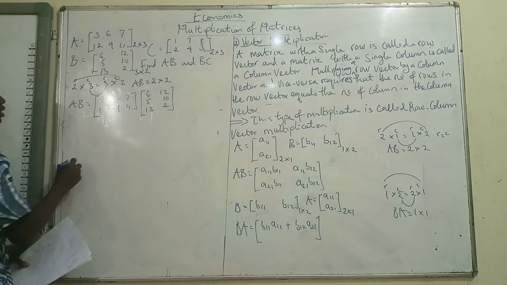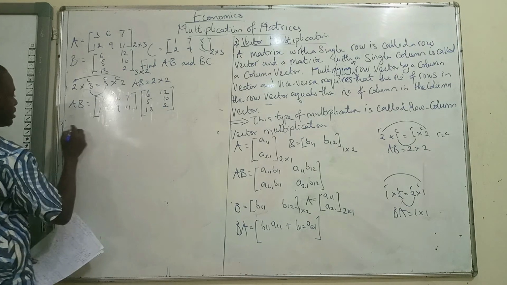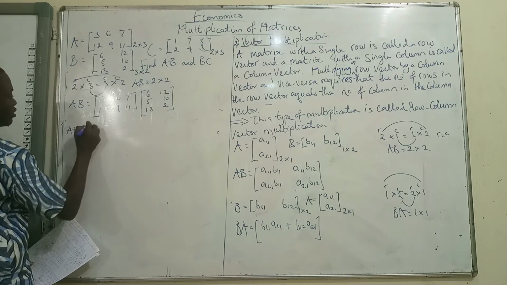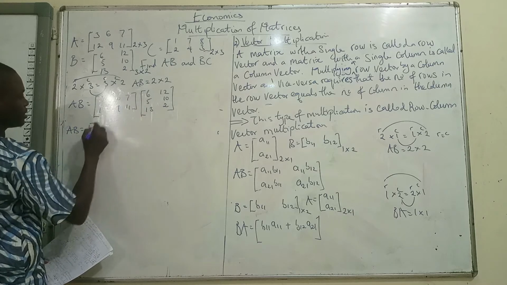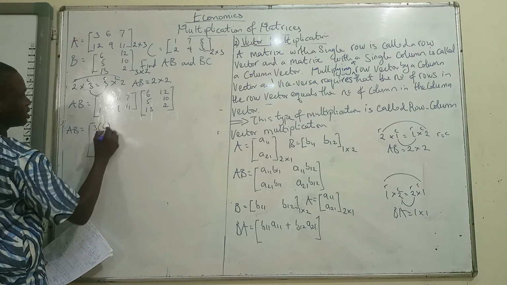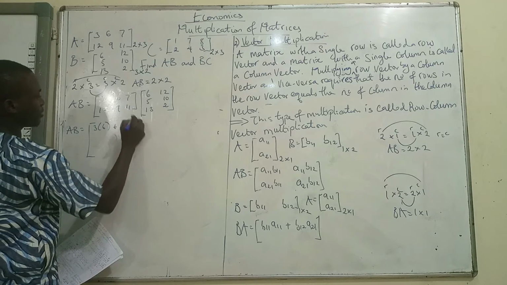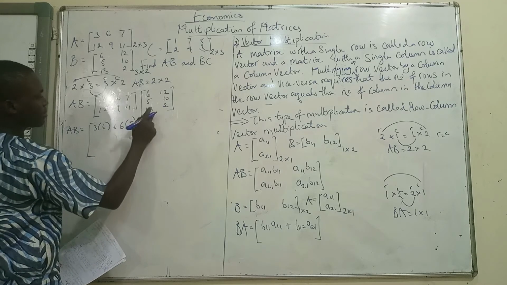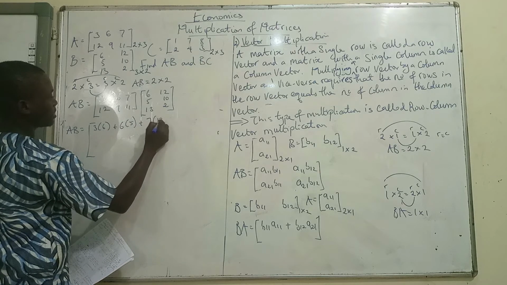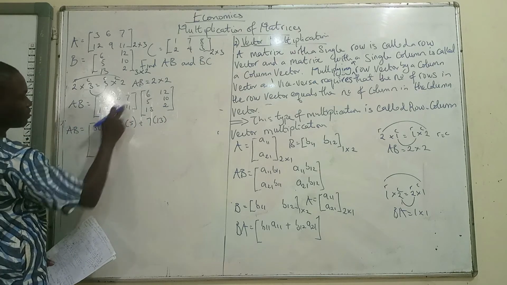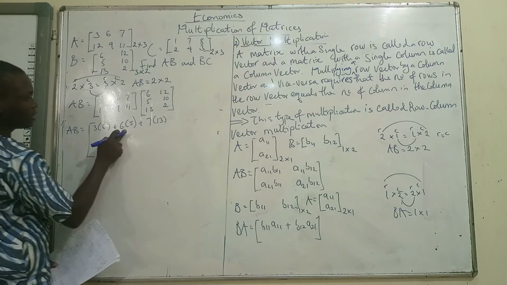Let's start multiplying. So we're having 3 multiplied by 6. So AB is going to be what? 3 multiplied by 6, plus 6 multiplied by 5, plus 7 multiplied by 13. As you can see, 3, 6, 7 still maintains that order, 3, 6, 7.